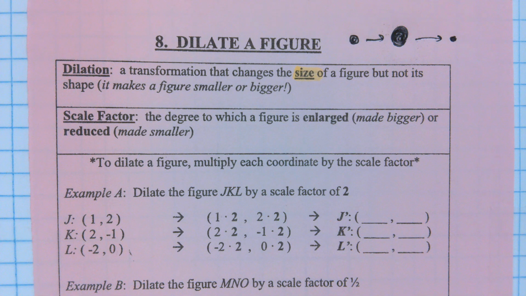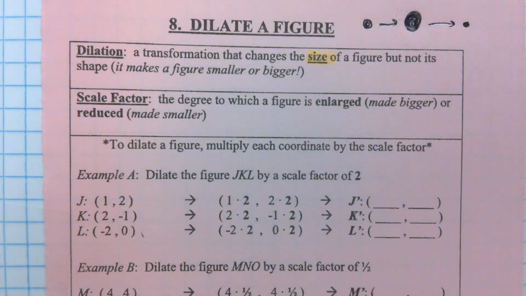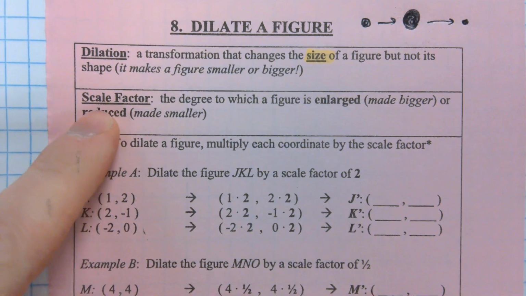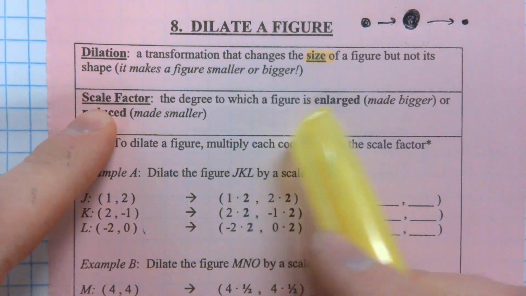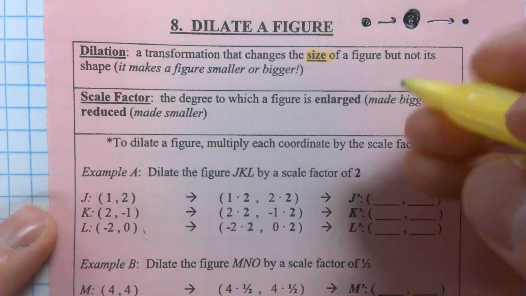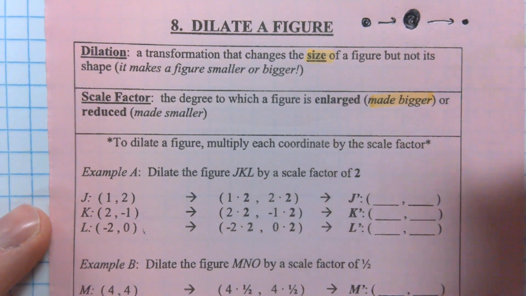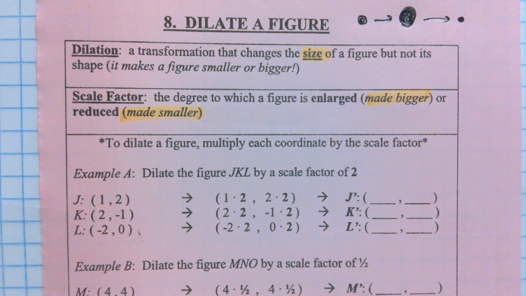So for this, our pre-image and our image are not going to be congruent for the first time. So we're either going to make it bigger or smaller. We know how big or small by taking a look at the scale factor, which is just the degree to which a figure is enlarged, made bigger, or reduced, made smaller.